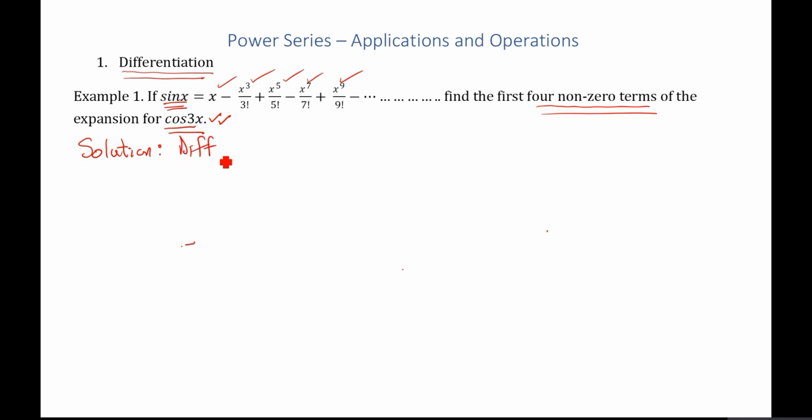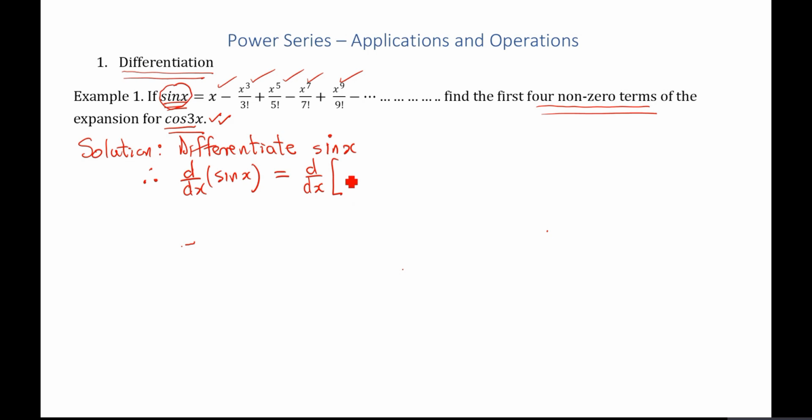Let us differentiate the series for sine of x. Therefore, my derivative of sine of x, if I differentiate the left-hand side, I must differentiate the right-hand side.